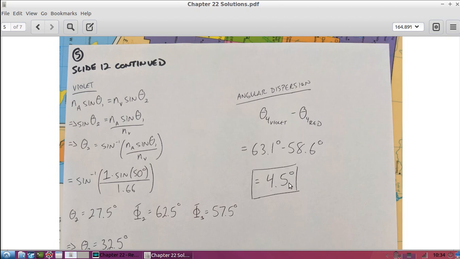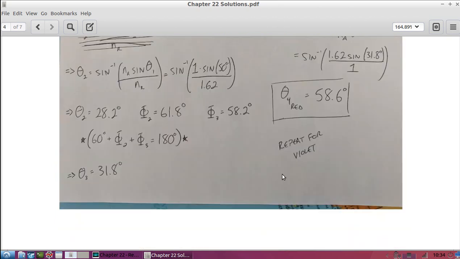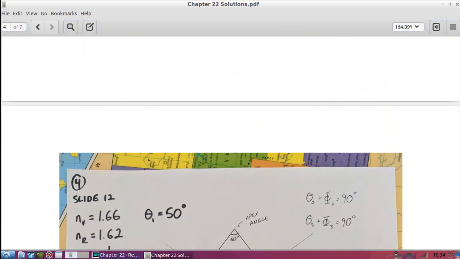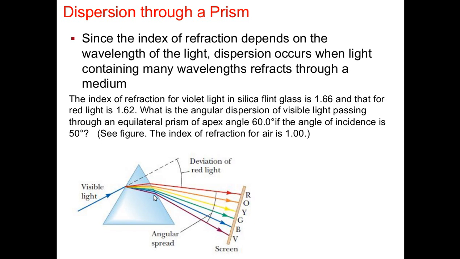So 4.5 degrees is the angle between the red beam and the violet beam. This angle right here is 4.5 degrees. It's a little exaggerated here so we can see all the colors of the visible spectrum, but it's a very, very small angular dispersion, 4.5 degrees.